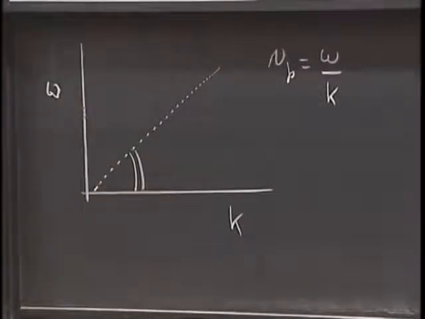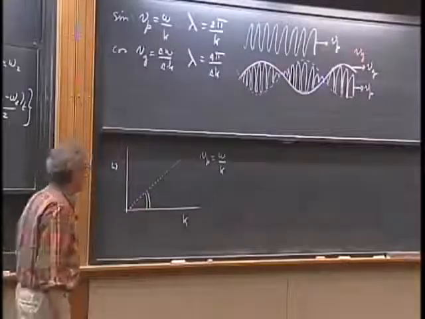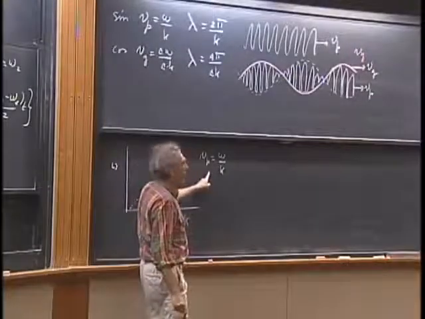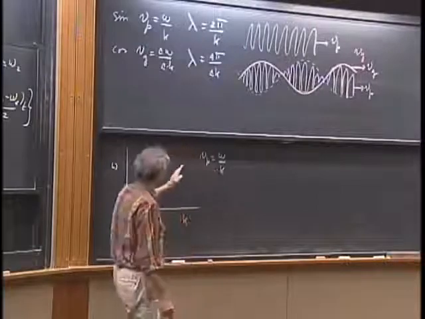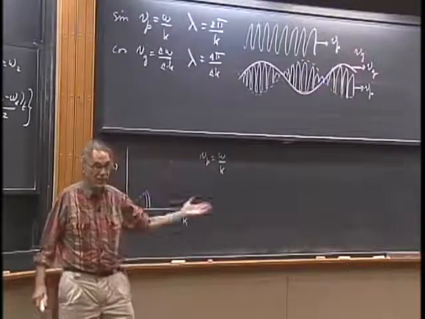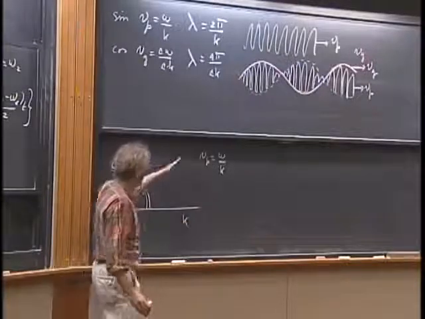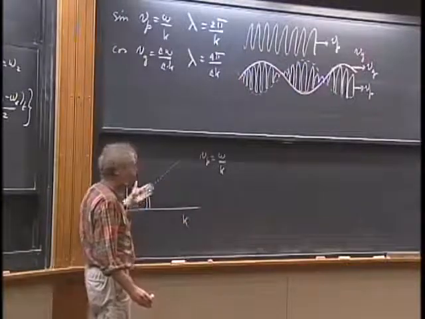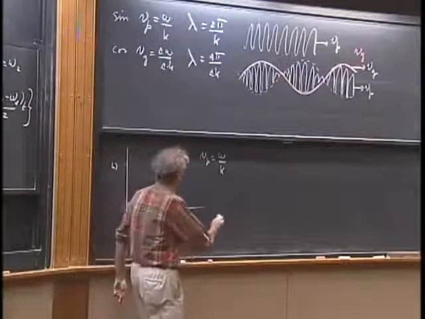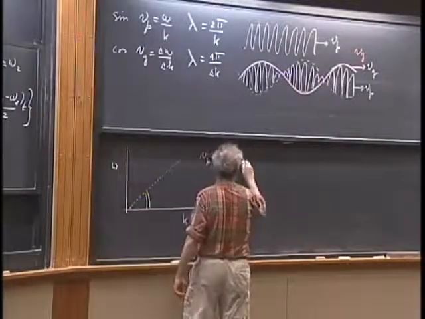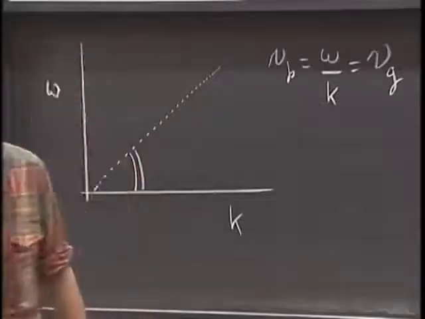That all waves, regardless of frequency, have the same phase velocity. And so you will see, since the group velocity is d omega dk, which is the tangent of this line, that the group velocity is the same, of course. Because if you take the tangent of this line, no matter where you take it, that is the same slope. So this is also the group velocity, and so this is a non-dispersive medium.